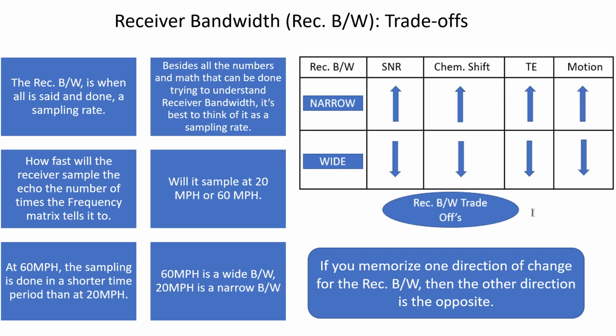If you're taking your time sampling the echo, that TE goes out a couple of milliseconds in time. And I'll show you what I mean by that. Hold on. So know your trade-offs. Memorize one, and the opposite is true. So if you go, I like narrow, everything goes up with the narrow bandwidth. So therefore, wide bandwidth, everything goes down.